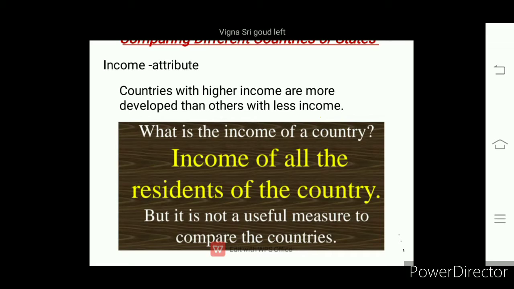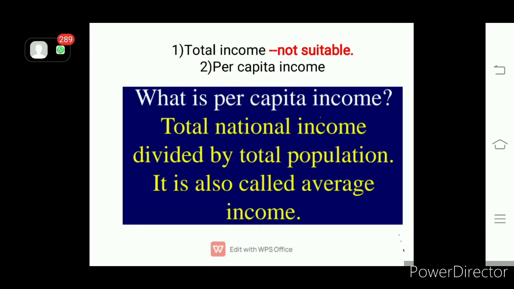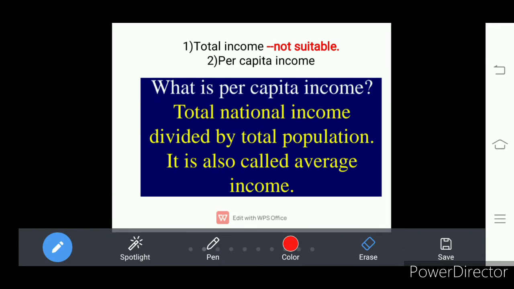Then what is another criteria required here? In place of total income, we have come with another important criteria, that is what? Per capita income. So in place of total income, we have taken per capita income.